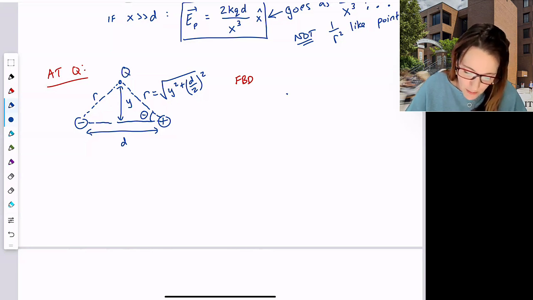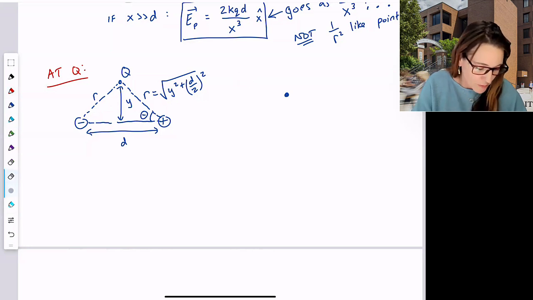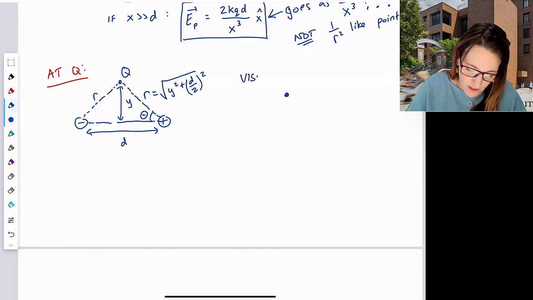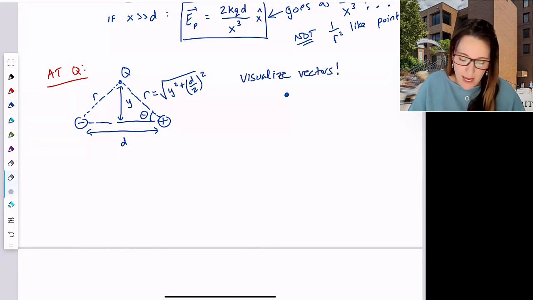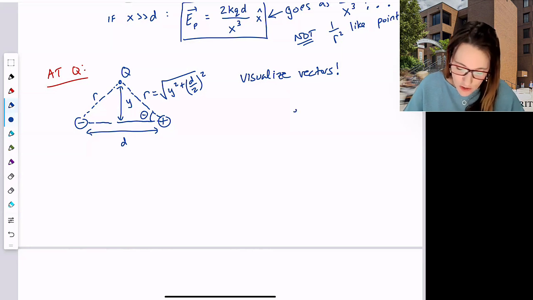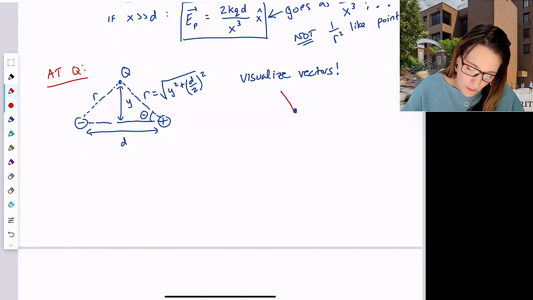So the free body diagram at point Q is where I'm going to be visualizing my vectors, right? That's what we mean by a free body diagram. I'll just say that always the second step is to visualize the vectors. At point Q, I'm going to have an electric field that points away from my positive charge.